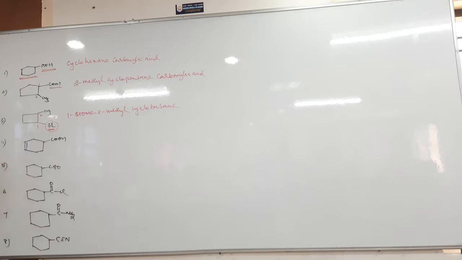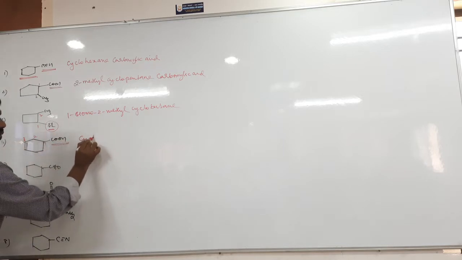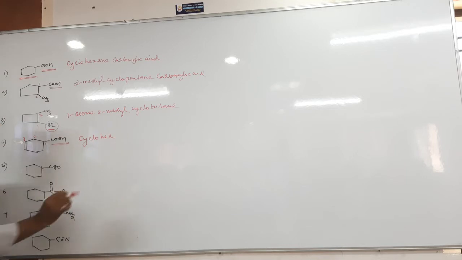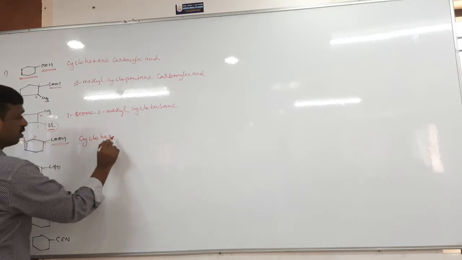Next, again it is a carboxylic acid. Numbering: here a double bond is there, and a carboxylic group is there. So give the numbering from the side of the carboxylic group, 1, 2, 3. Therefore it is a cyclohex, not ane, it is ene. Which ene?